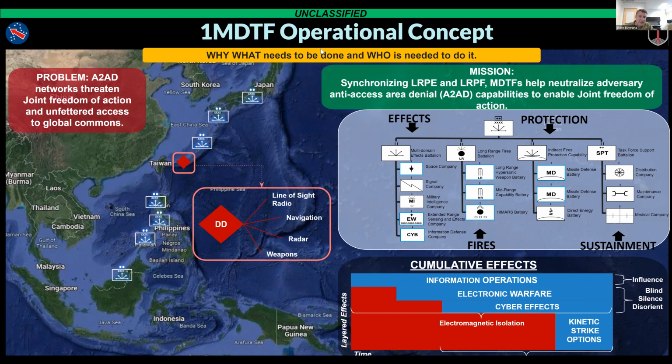What does DD mean? Those are surface ships for the Chinese naval forces. It's the PLA Navy, so the People's Liberation Army Navy. It's a little bit strange, but the naval forces, DDs are major ships.